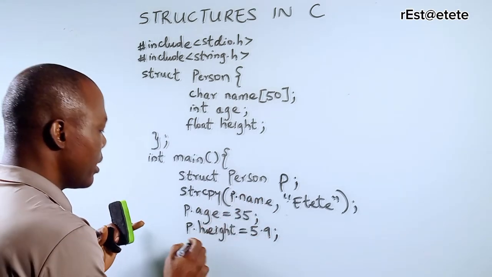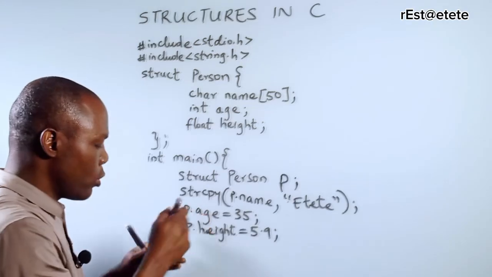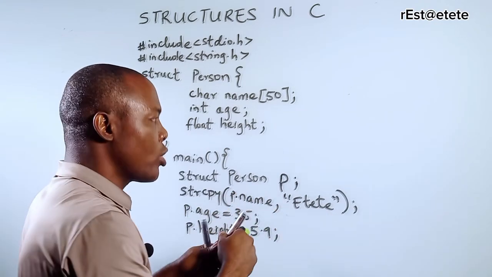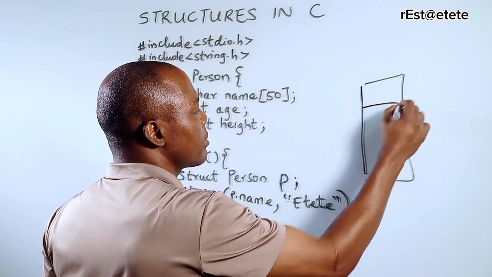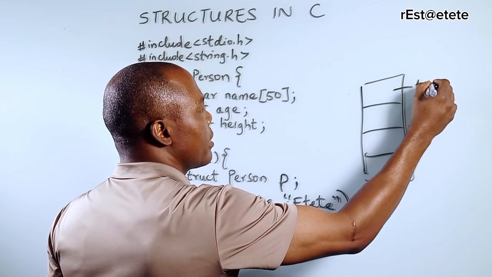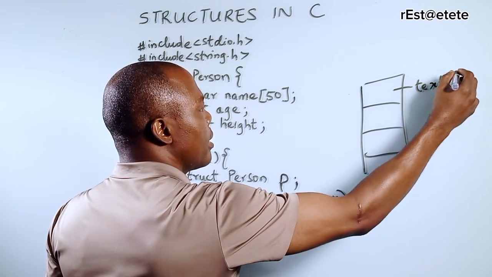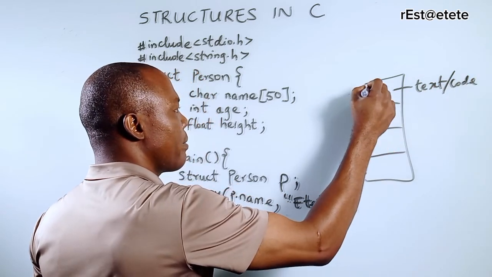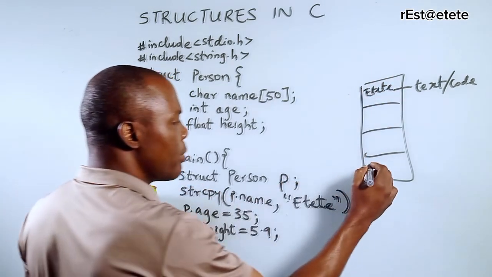So this is me. Then I can now print out by using my printf function. What this is doing, this etete will be stored in the text slash code segment. So etete will be stored there, right? But this P name will be what?